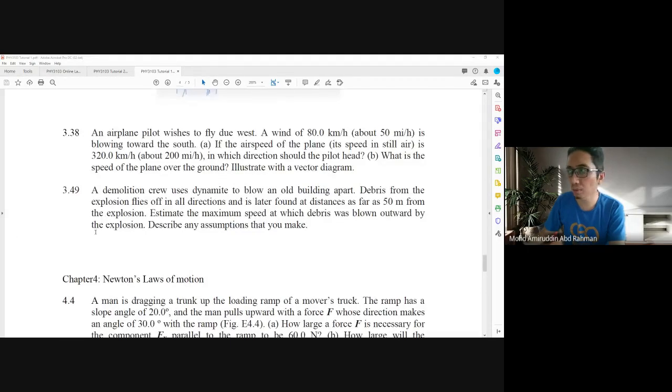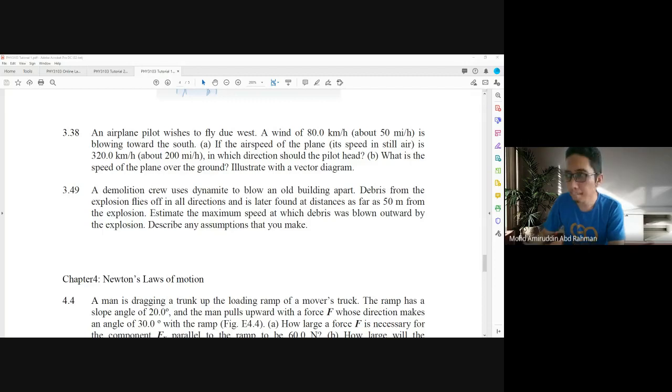All right, so we have 3.49. For 3.49, we need to estimate the maximum speed at which debris was blown outward in the explosion. The maximum speed will be 22 meters per second.